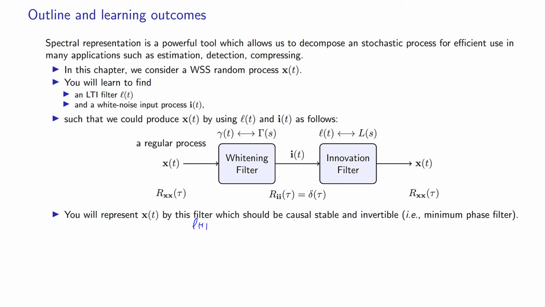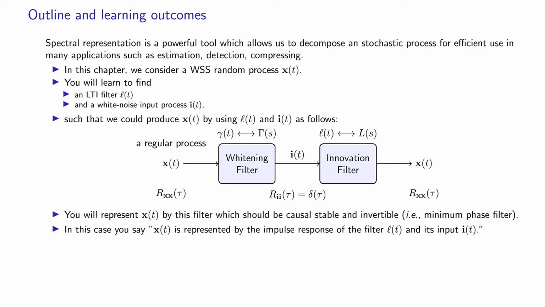and this filter should be causal and stable, so two properties, and also invertible, because if its inverse exists, then you can use that. If it is invertible, you can apply x of t to this invertible filter, get I of t, and for instance, in communication, you can just send I of t instead of x of t. Transmitting I of t may require less bandwidth, less energy, and so on.